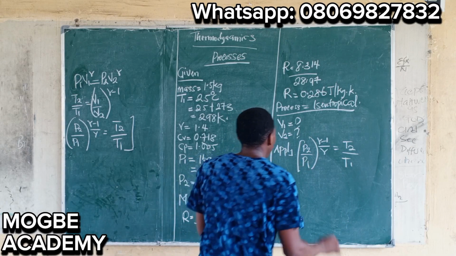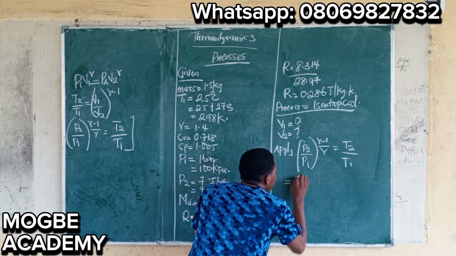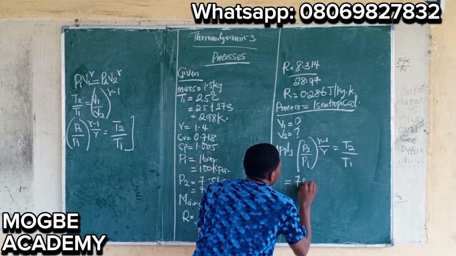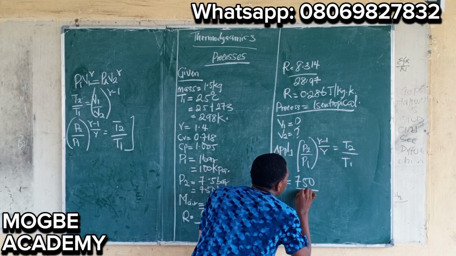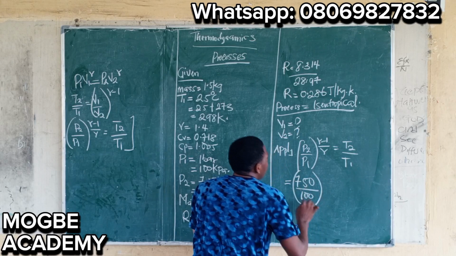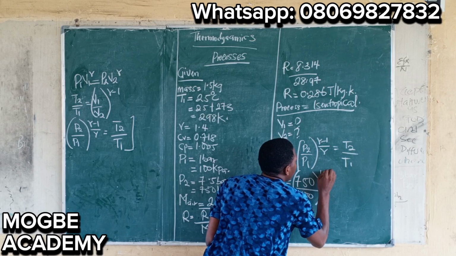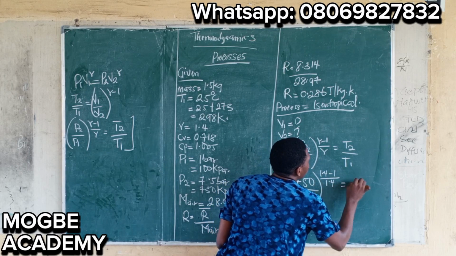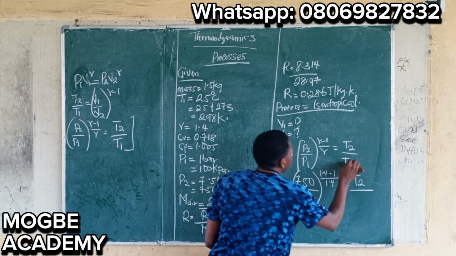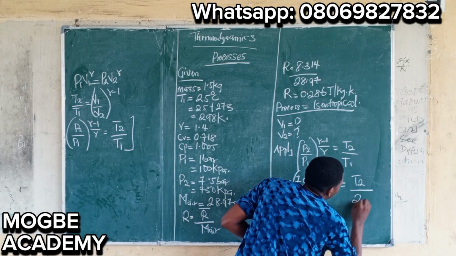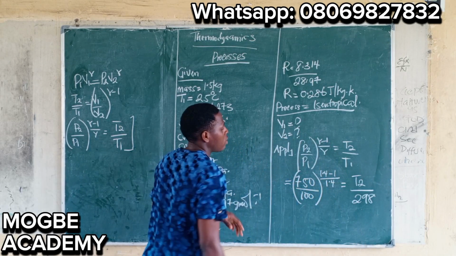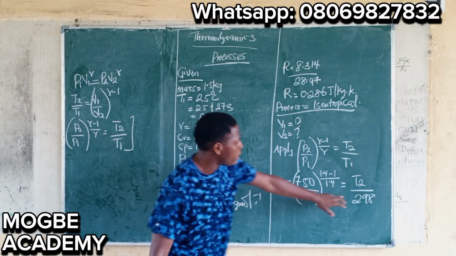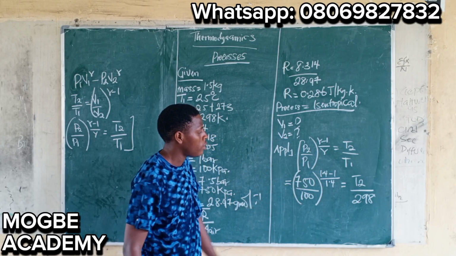P2 is 750 over 100, all raised to the power of 1.4 minus 1 over 1.4, equal to T2 over 298. Everything here multiplied by what you have here gives you your T2.